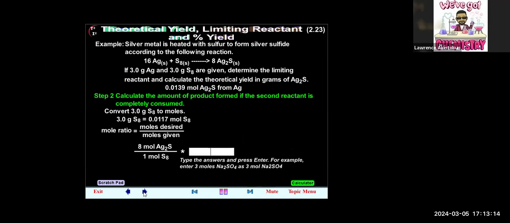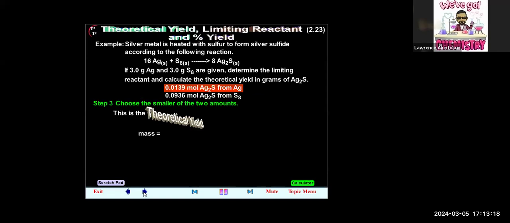All right, so do the same thing for the second reactant. Same steps. Mass is equal to moles times molar mass in grams per mole. The one with the smallest mole amount is 0.0139 mole of Ag2S from silver. That is what is used.